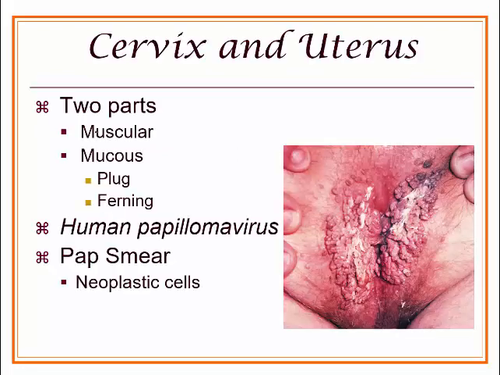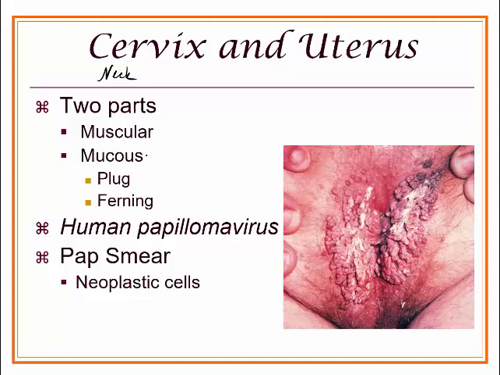Okay. Now the cervix of the uterus. The cervix means the neck of the uterus, and it is where the uterus is connected to the vaginal canal. And there are two parts to the cervix. There's a muscular part, which is the intermediate layer of the uterus.